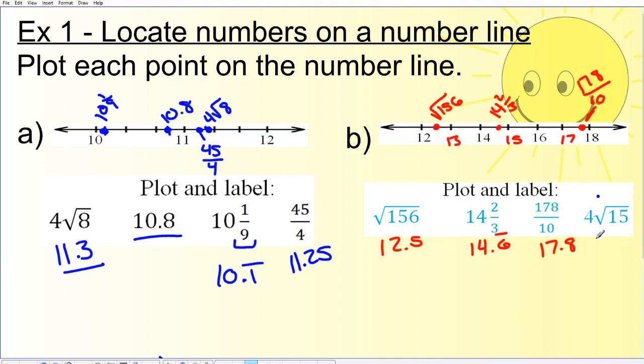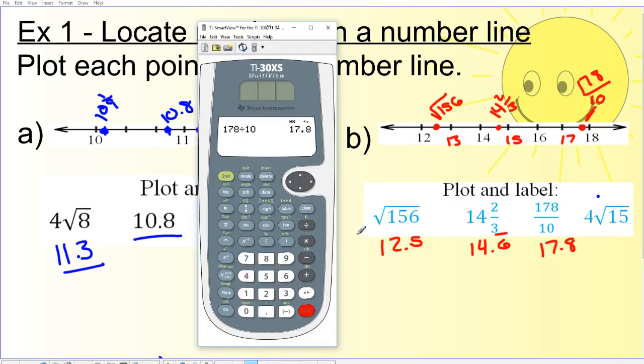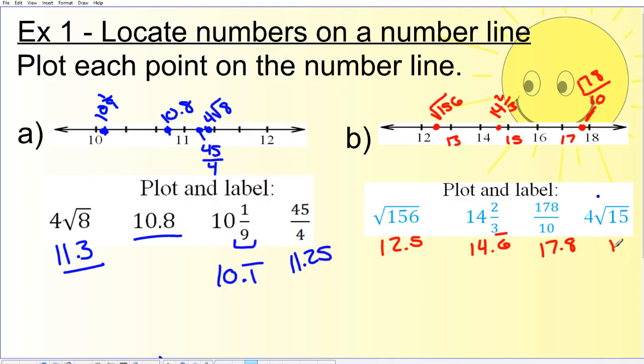And the last one, 4 square roots of 15. All right. 4 times second square root of 15 equals 15.49. Now that's also almost 15.5. I'm approximating.